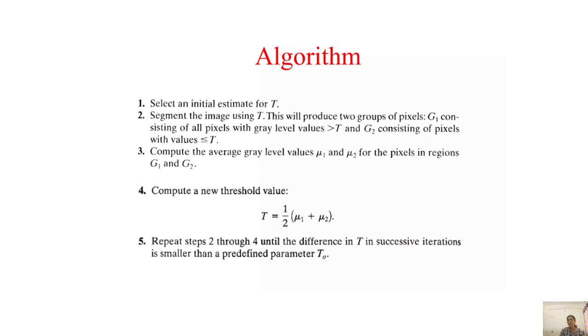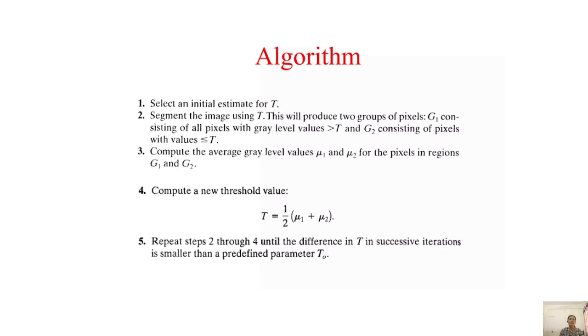Now what we have to do: compute the average gray levels mu1 and mu2 of the pixels in regions G1 and G2. We find the mean separately for each group, given by mu1 and mu2.